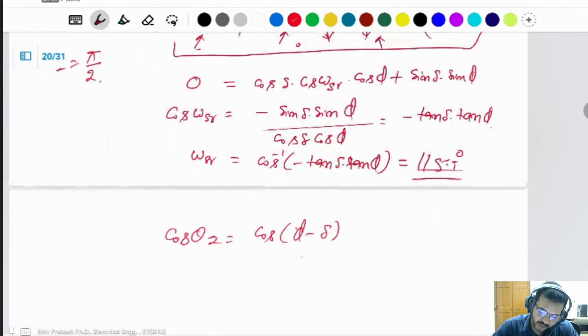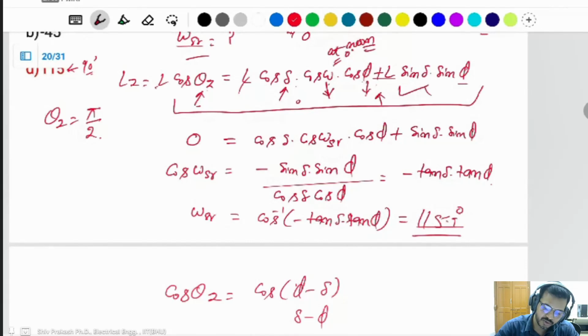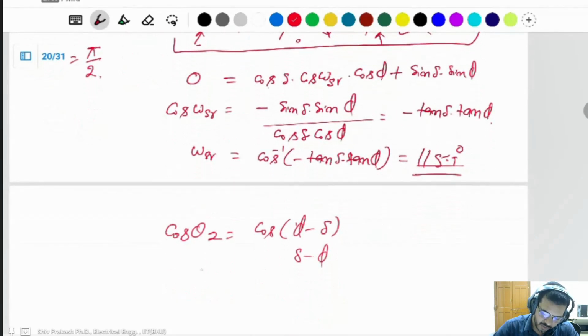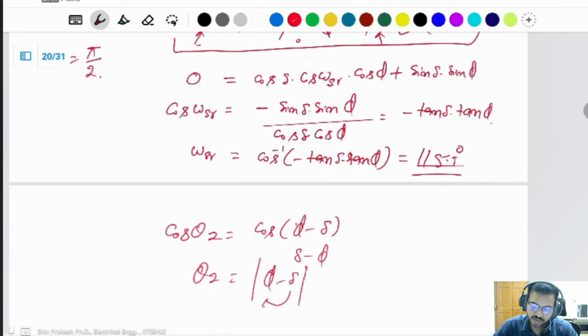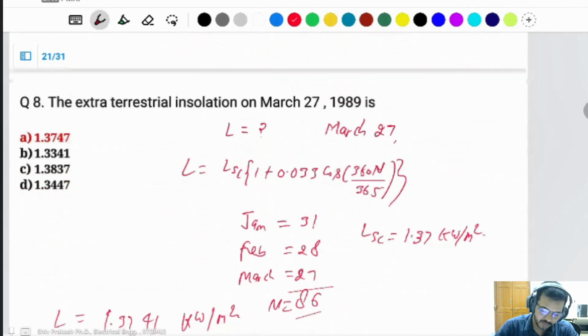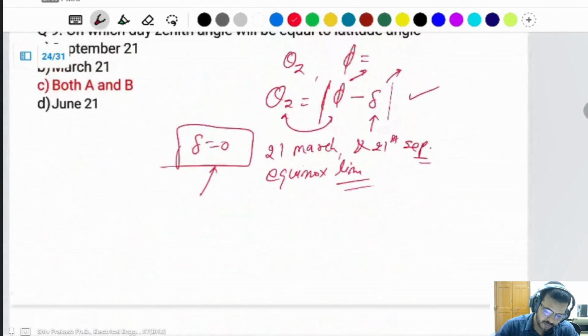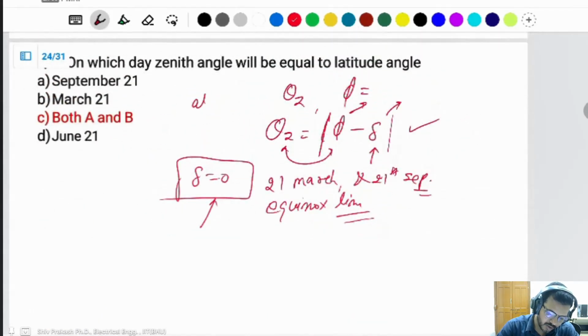In this equation you can take both del minus phi or phi minus del, so theta z is the mod of phi minus del. You can take the reverse also. At noon, the same day at noon, omega will be 0, hour angle will be 0. Then you can get the theta, same thing.